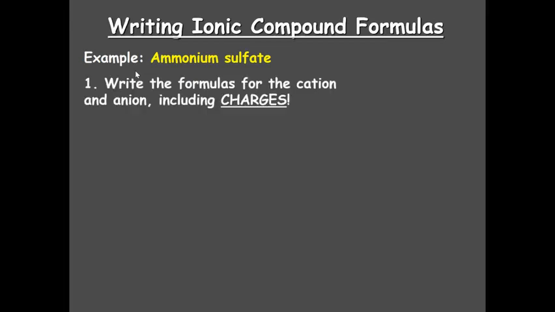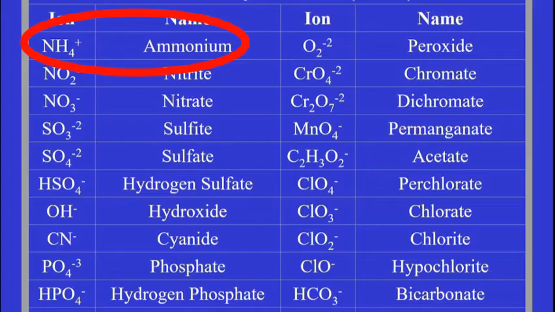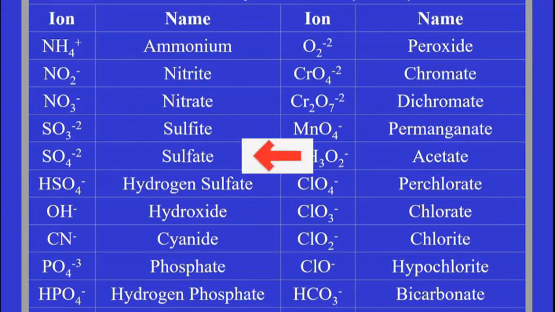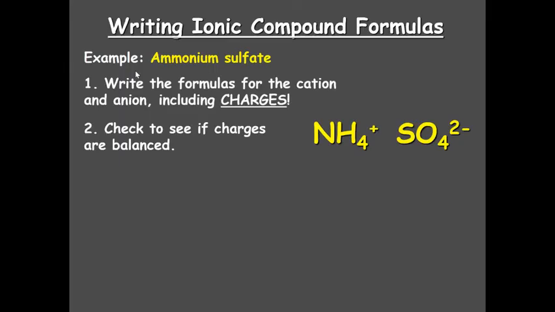Okay, so here's an example where both the cation and the anion are polyatomic ions. Ammonium sulfate. We'll need to go to VIP 11 and find both of those names. Ammonium is NH4+, and sulfate is SO4 2-. Make sure you also notice the difference between sulfate and sulfite. Okay, so now we've got those two written down. We can see that they're not balanced, right?